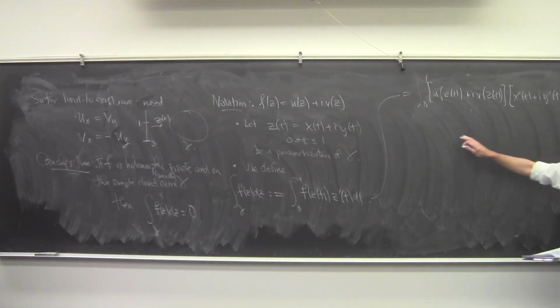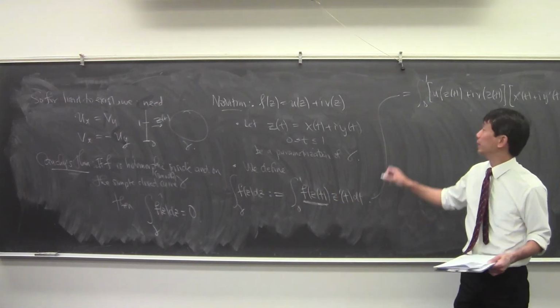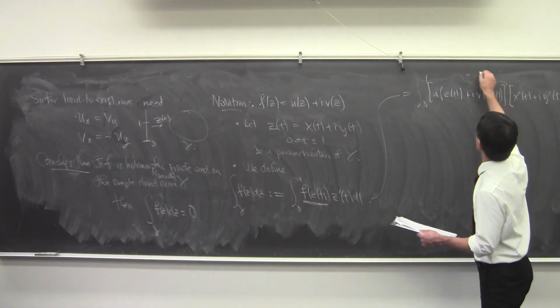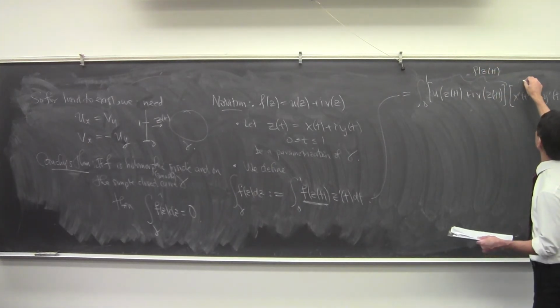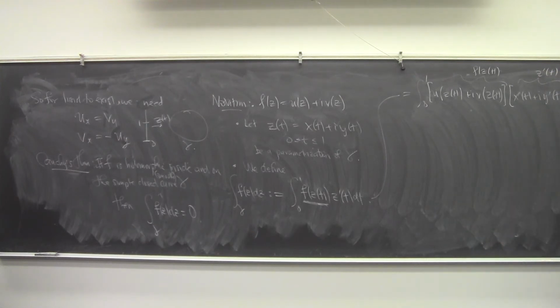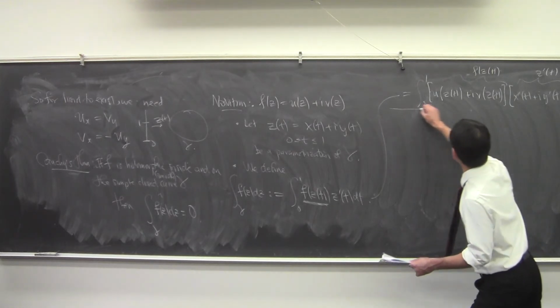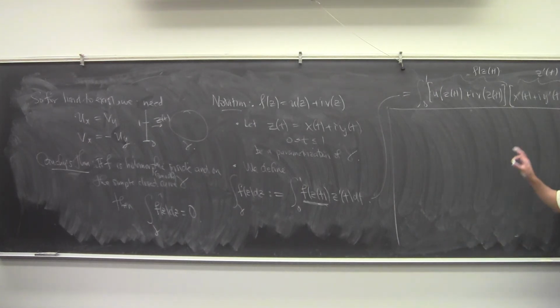I'm just expanding it out. I expanded f, this is f of z of t, and then this is z prime of t. Okay, so that's the end of the notation, and now let's prove the theorem.